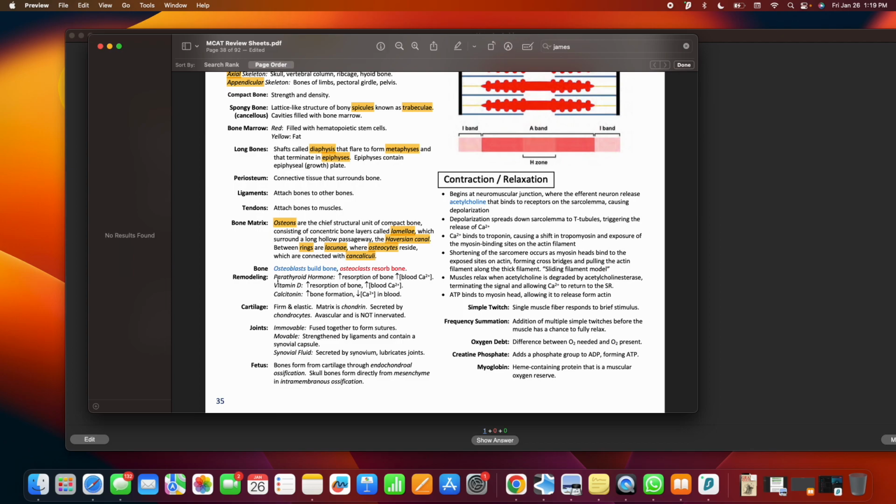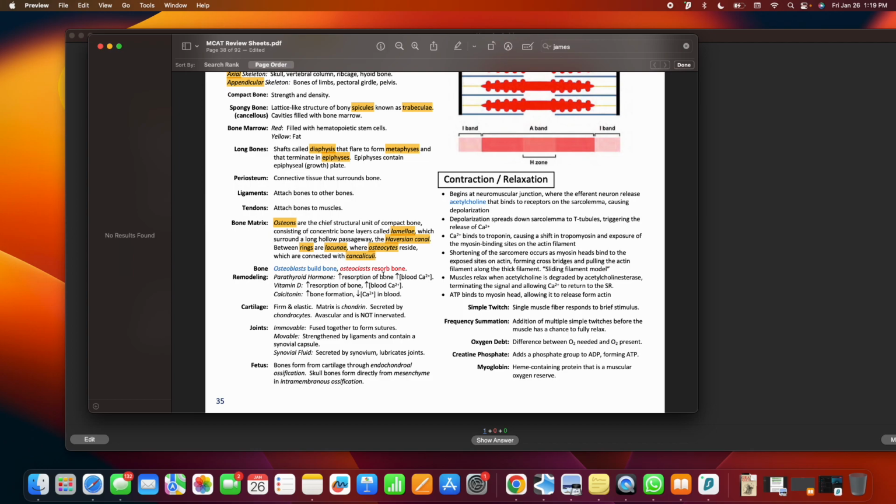Then we have parathyroid hormone, PTH. So we know calcitonin drops the calcium levels in the blood to make bone, and PTH is the opposite. So PTH breaks down bone and increases the calcium levels inside our blood.